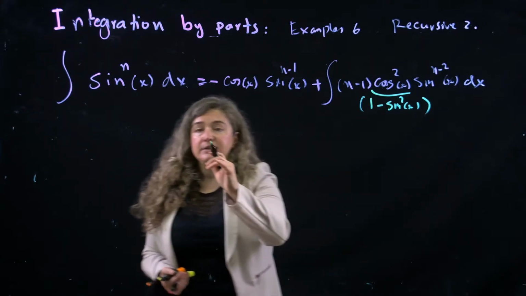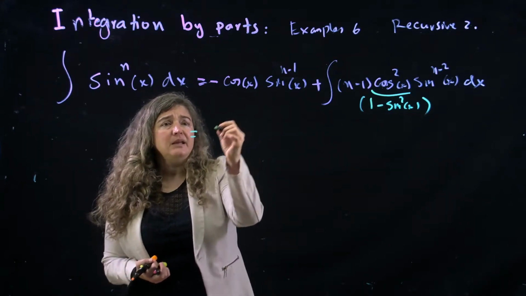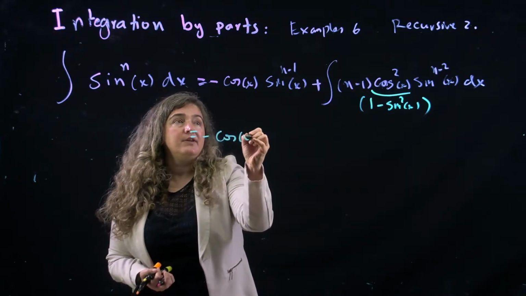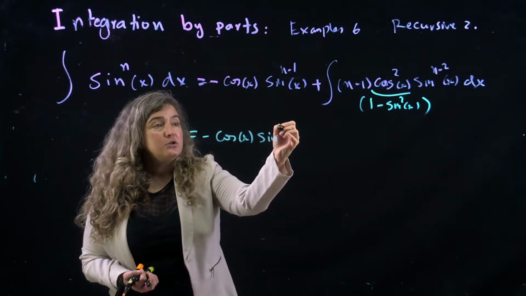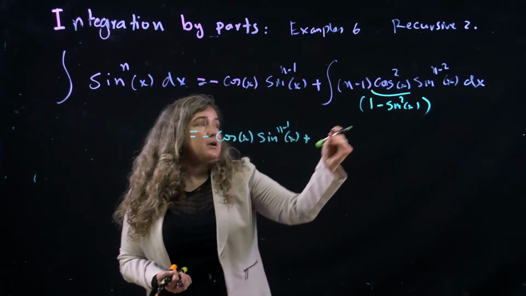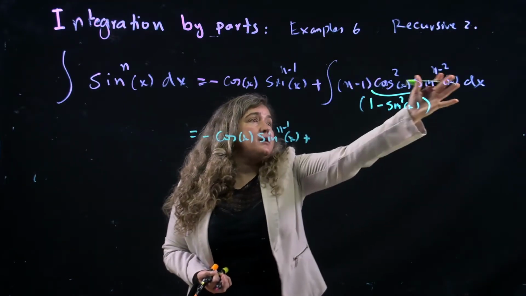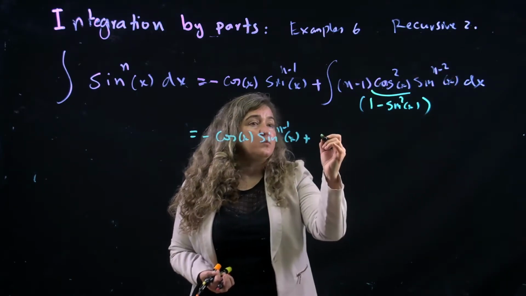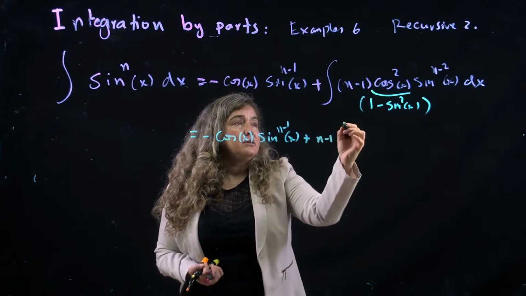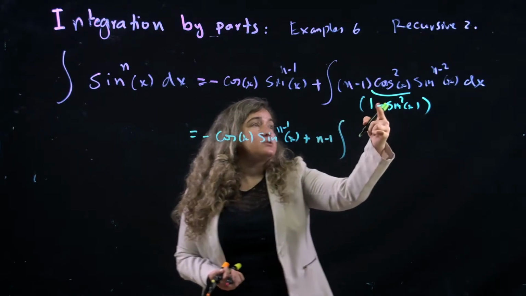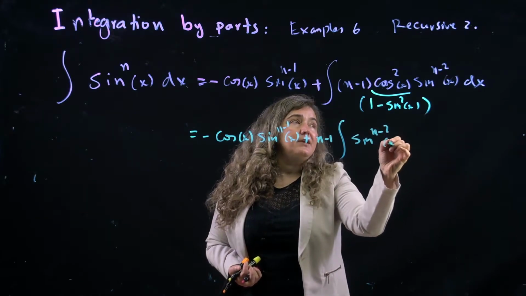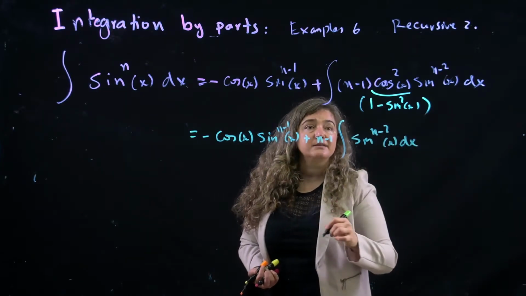So let's write everything up again. If I switch that, I get negative cosine of x sine to the power n minus 1 of x plus n minus 1 times the integral, taking the n minus 1 out, of sine to the power n minus 2 of x dx.